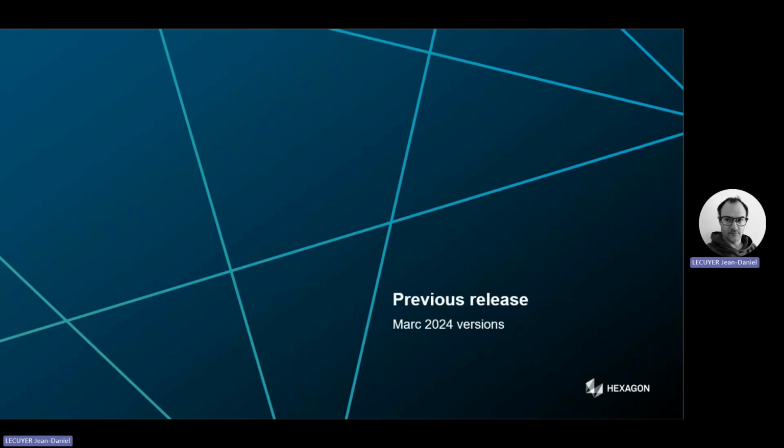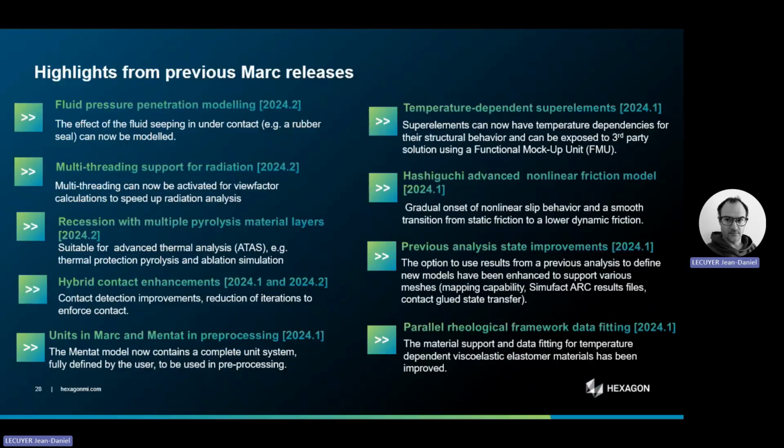I would like now to remind you of some recent improvements that have been made in Marc and Mentat, especially for the 2024 releases. We have introduced new capabilities, such as fluid pressure penetration modeling, temperature-dependent superelements, the Ashigushi Advanced Nonlinear Friction Model, or recession with multiple pyrolysis material layers.